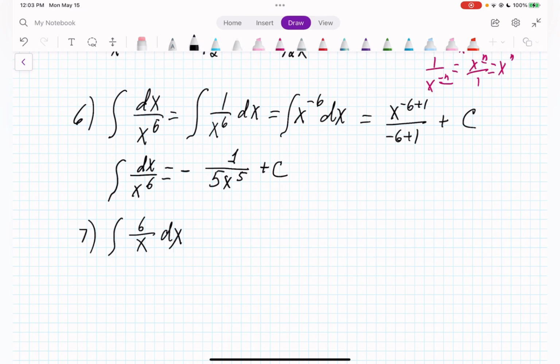I'm going to write it down this way: the integral of 6 times 1 over x dx. This 6 is going to get out anyway, so it's going to be 6 times the integral of 1 over x dx.